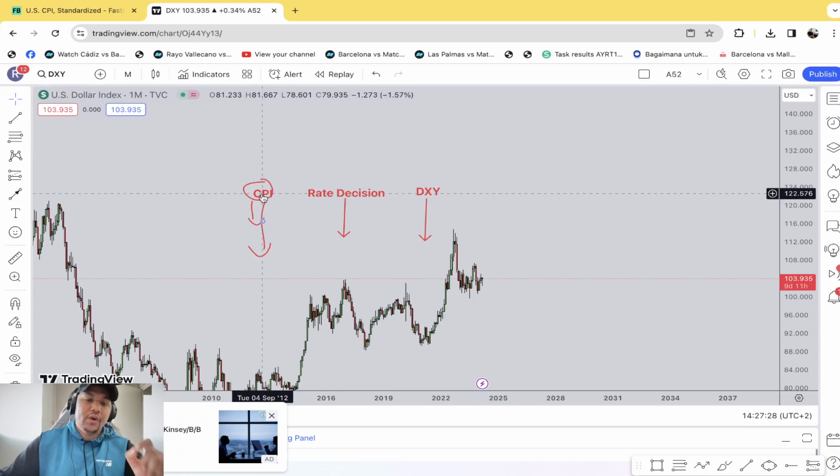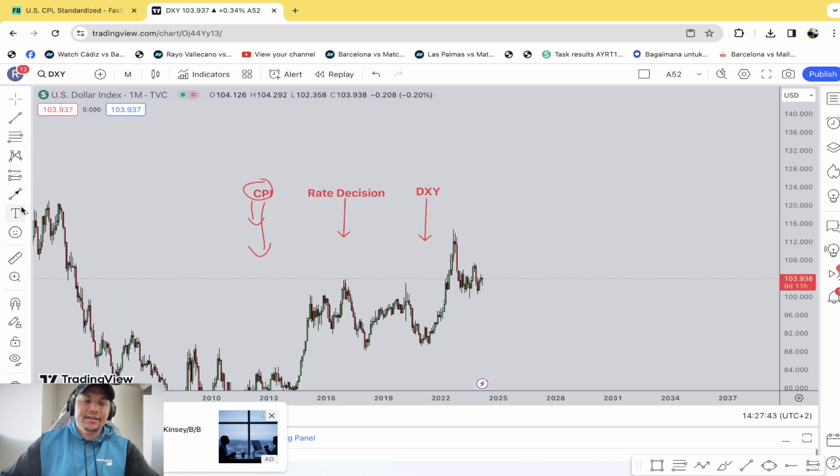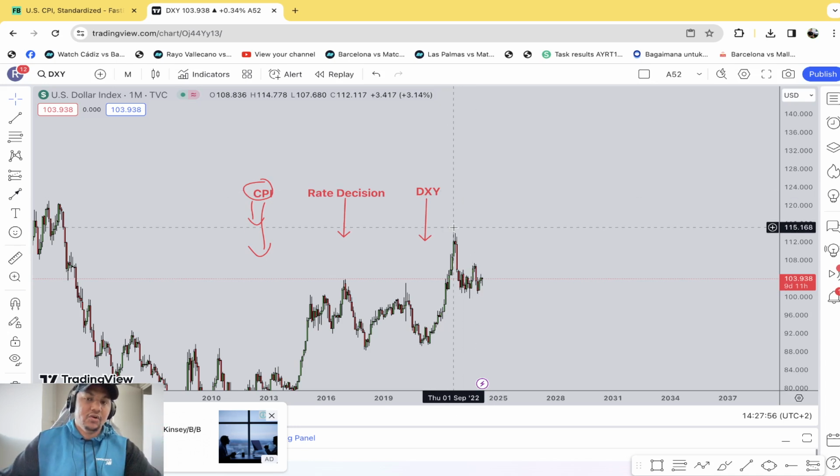But when inflation cools down, the Fed is most likely either going to keep interest rates where they are, or lower them. And once they lower the interest rates, the dollar index loses its value over time, investors are not likely to invest in it, and therefore you can expect the dollar index to go lower.